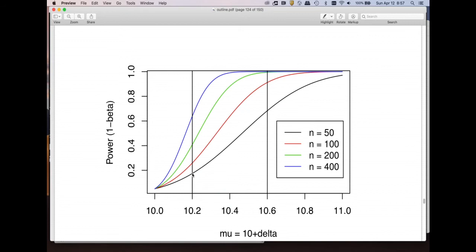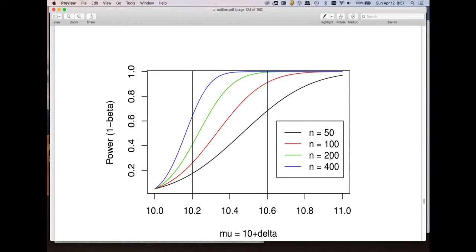Now, if the magnitude of the difference is large, so if the null hypothesis is very wrong, so let's say the true mean is 10.6, then you're going to see that even with a sample size of 50, it's pretty likely I'm going to reject it.